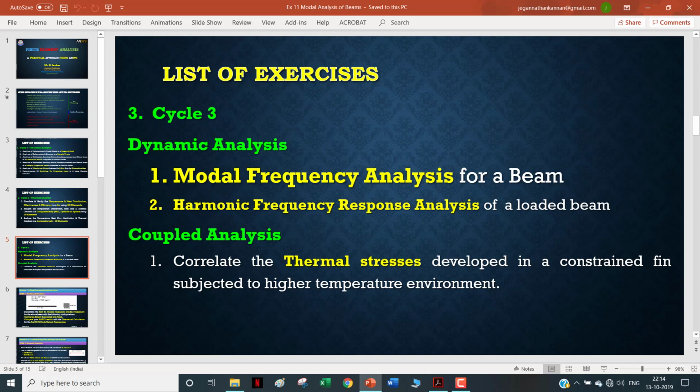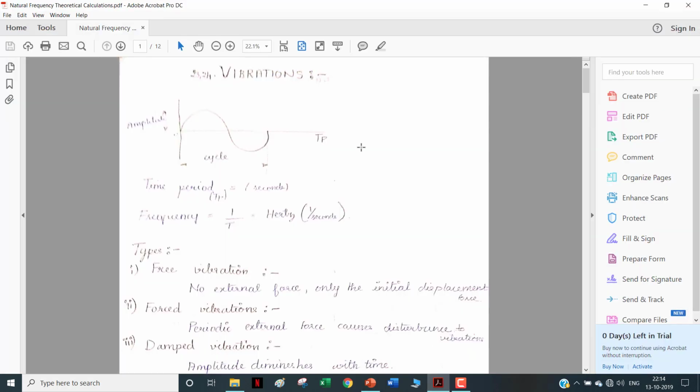So before starting to see this modal frequency analysis, let us get some introduction about vibrations. Okay, so what is a vibration? What are the types of vibration? The definition of vibration can be said to be a periodic oscillation about an equilibrium point, right? So say, for example, when you drop something, like a coin onto the ground, you can feel the vibrations, right?